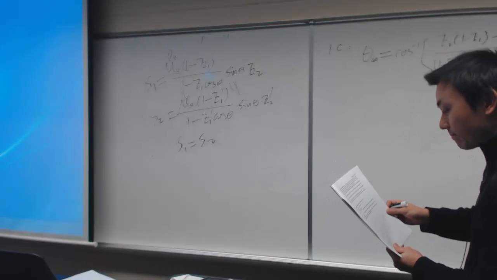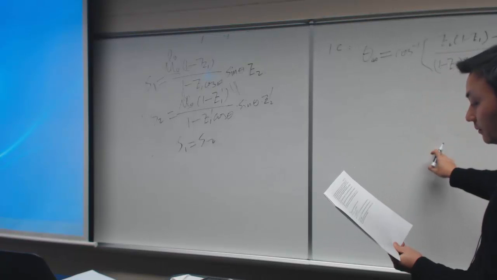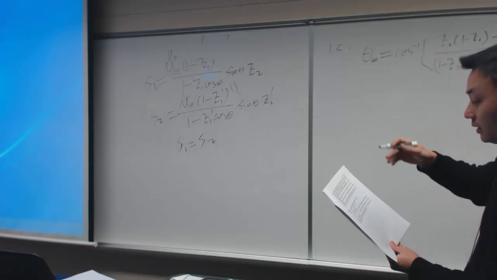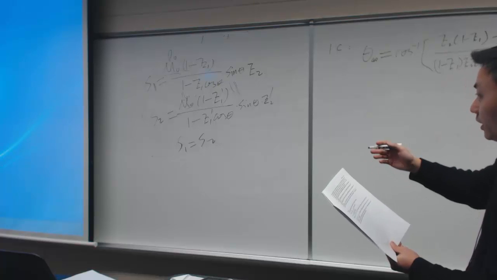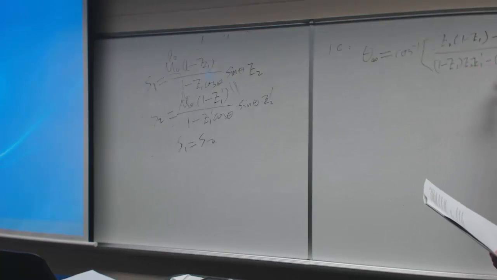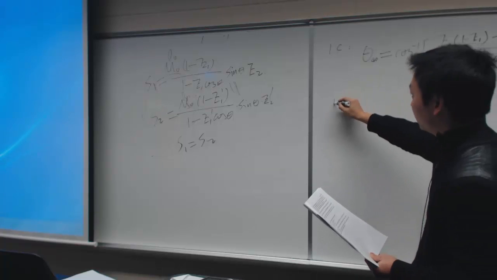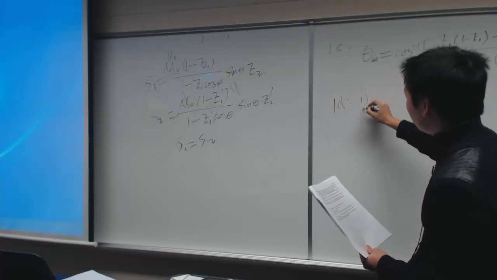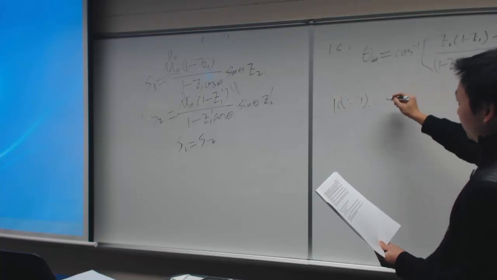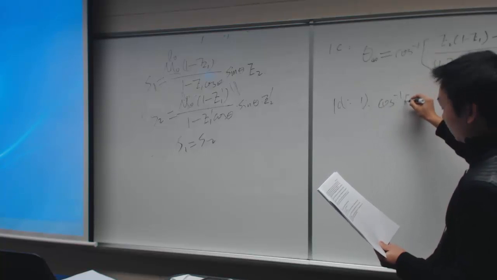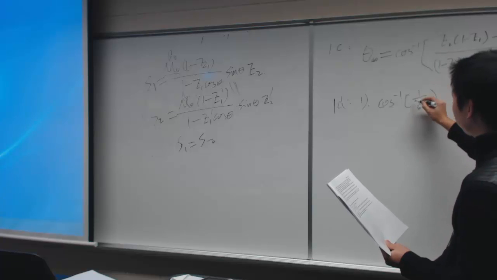Okay, so question 3D. Then when we say T1 equals T1 prime, we have E1 equals E1 prime. So we just use E1 to replace the E1 prime here, and we can get the result of cosine theta equals 1 over E1.